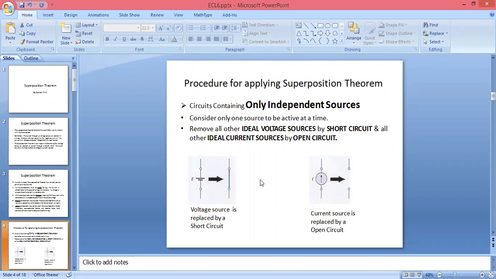If there are lots of current sources, then we have to consider only one current source active and the remaining current sources will be open. ये हम ऐसे उसको ओपन सर्किट, क्योंकि ओपन में करंट will not flow, और वोल्टेज यदि पैरेलल है तो वैल्यू क्या रहेगा, will remain constant. ये जो voltage है उतना ही. That's why we have to remove remaining voltage sources by short circuit.